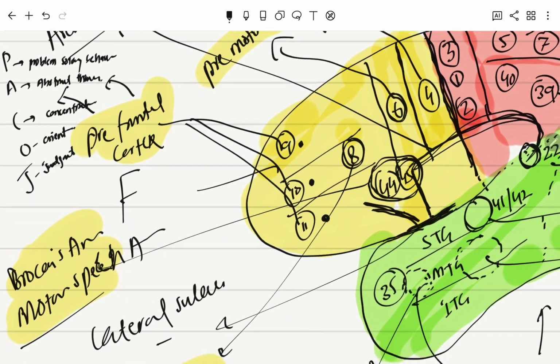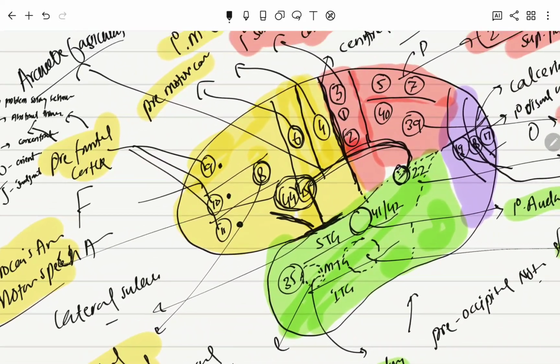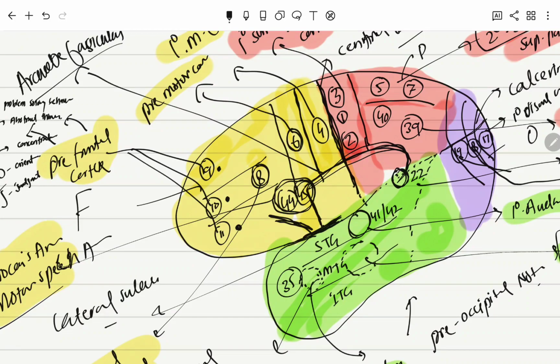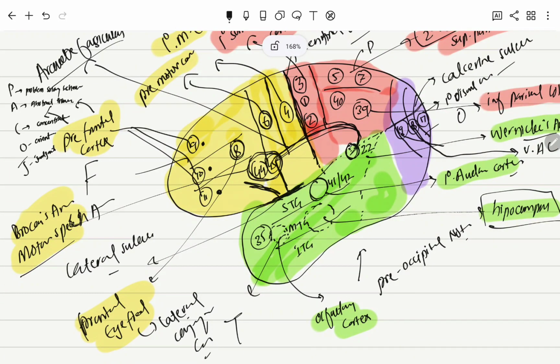Apart from that, the other areas are the frontal eye field, then the premotor cortex, then the primary motor cortex, and also Broca's area. So the mnemonic for the prefrontal cortex is PACOJ, right?